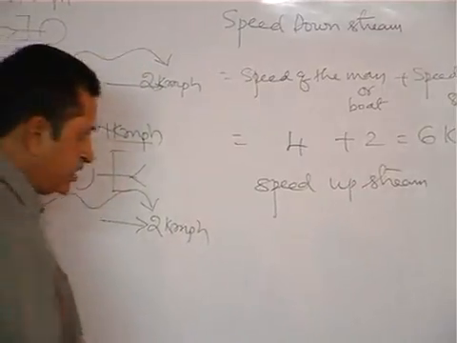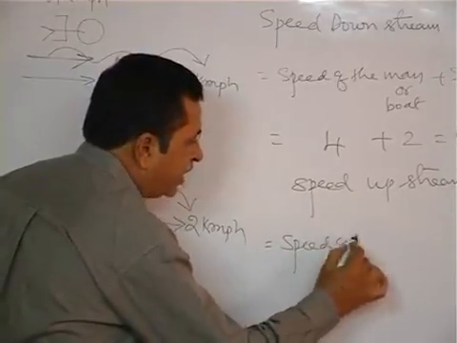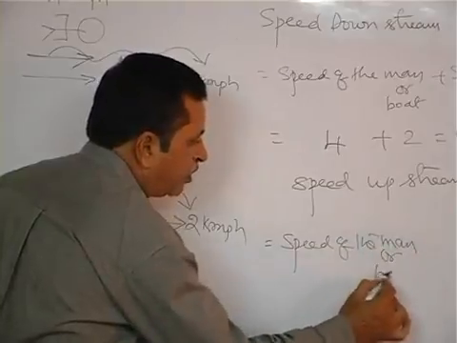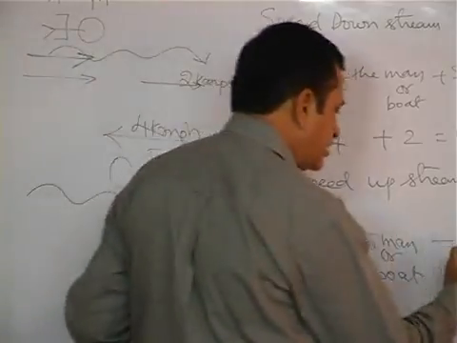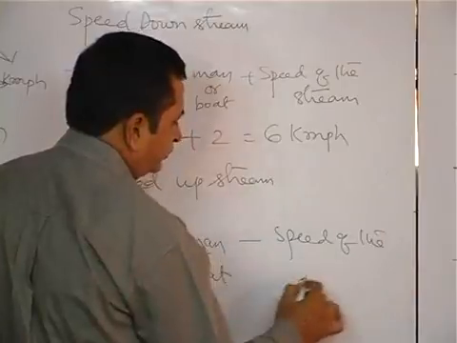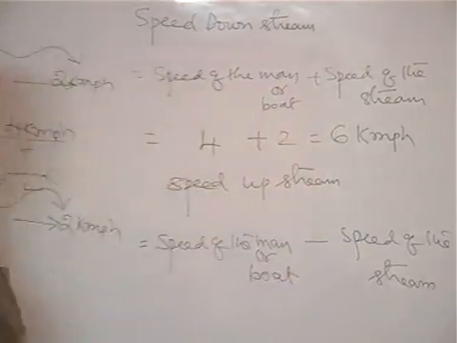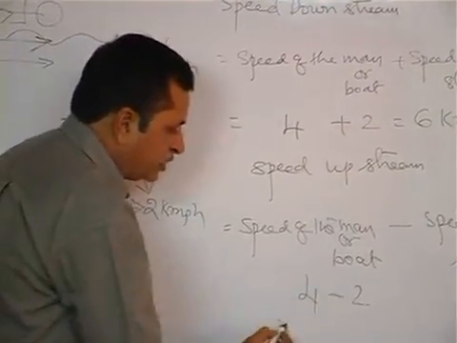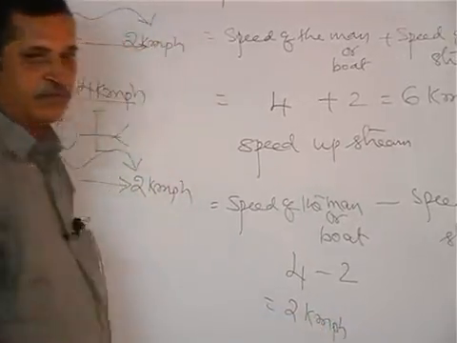Speed upstream is equal to speed of the man or boat minus speed of the stream. That is 4 minus 2, that is 2 kilometers per hour.